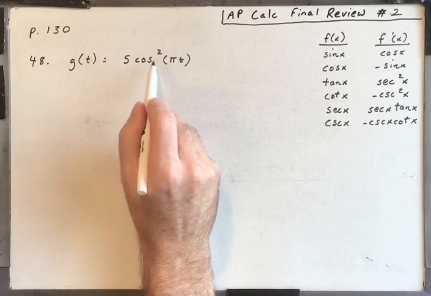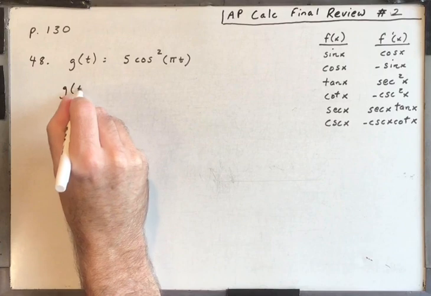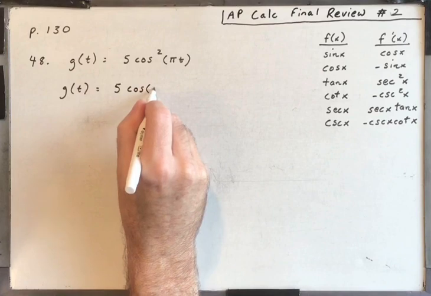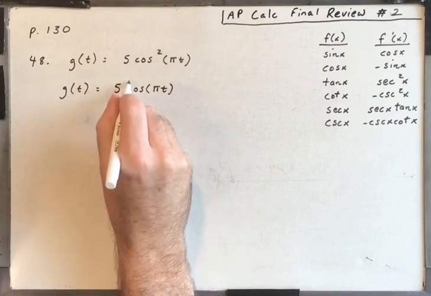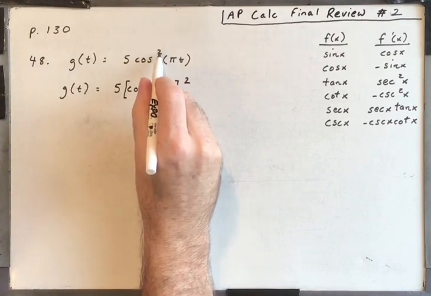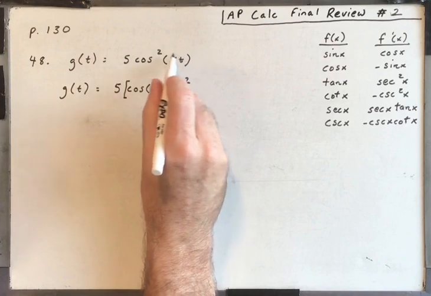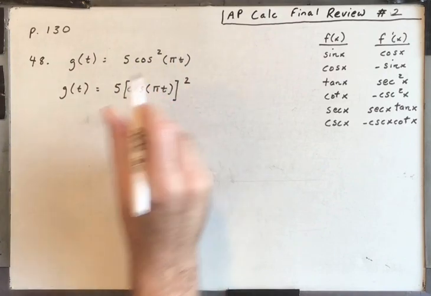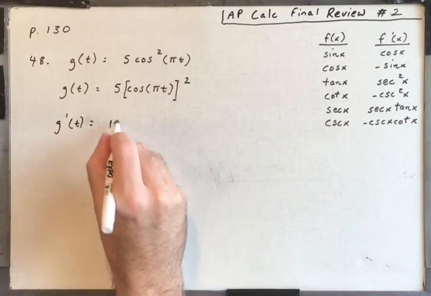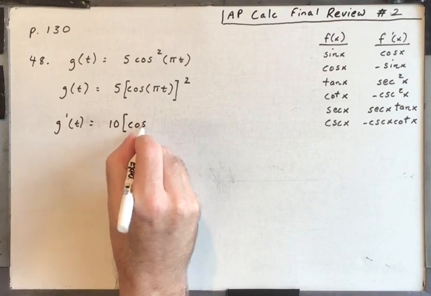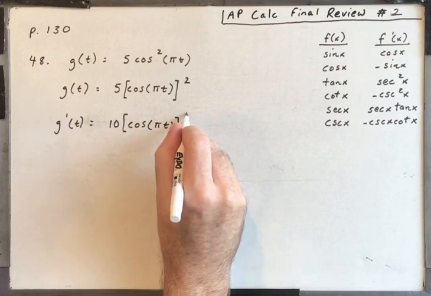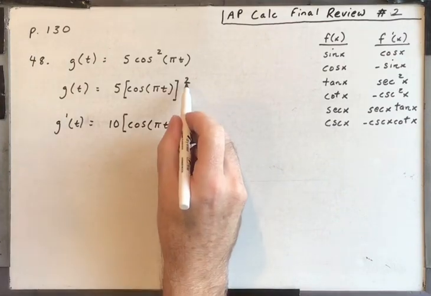All right. I'm going to rewrite this in a way that's going to make it easier to take the derivative. 5 (cosine pi t) all squared. Because that's what that squared means. You take that entire trig function and square it. So g prime of t is equal to 2 times 5 is 10 times cosine pi t. And then I'm going to go ahead and write the 1 this time just to illustrate it. So subtract 1.